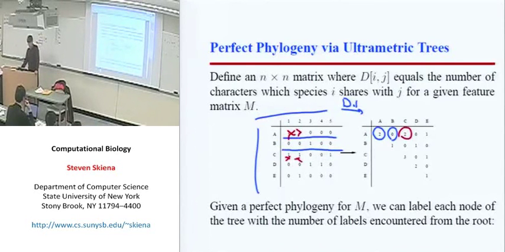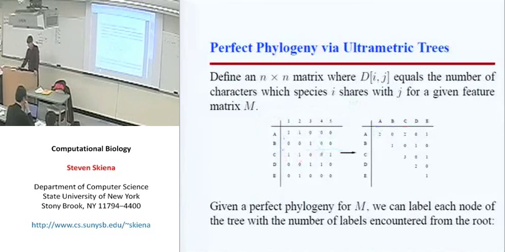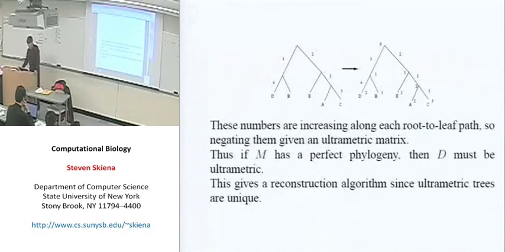Now my claim is, if you give me a perfect phylogeny, we can label the tree with the number of features we have encountered so far. Let's look at an example. I think this is the same tree as before.